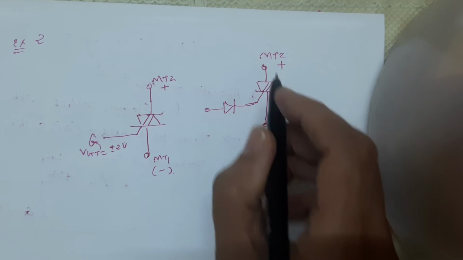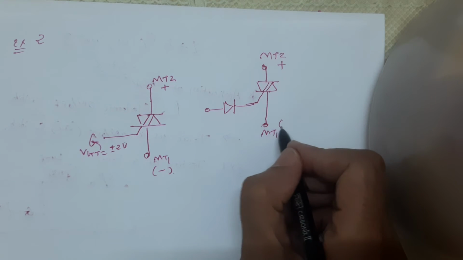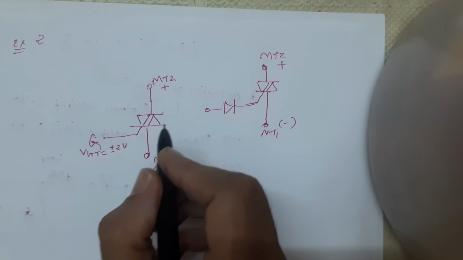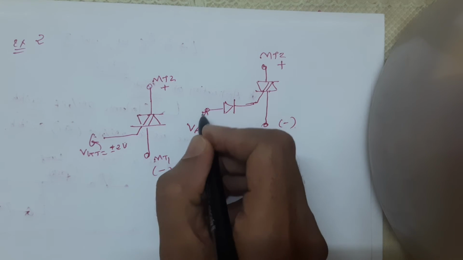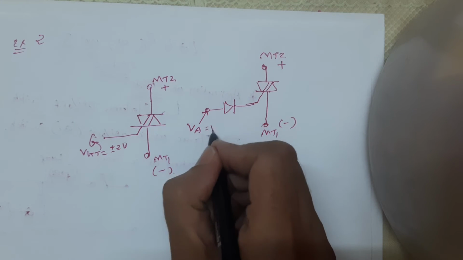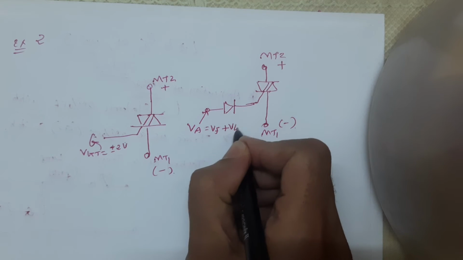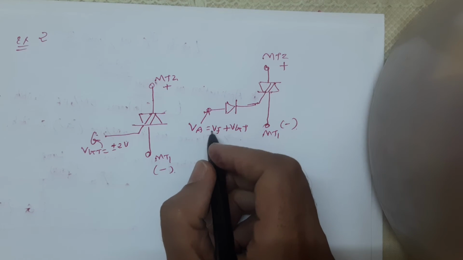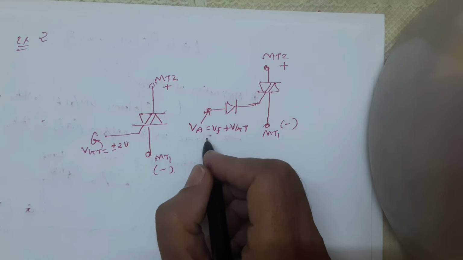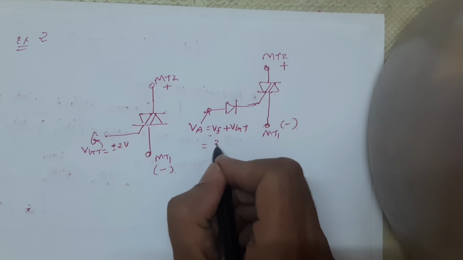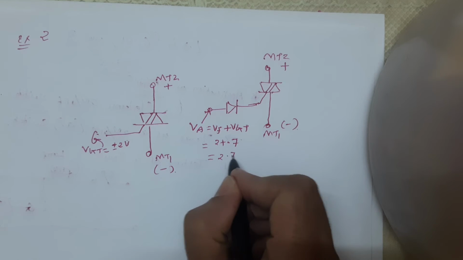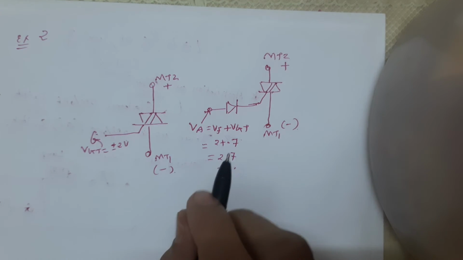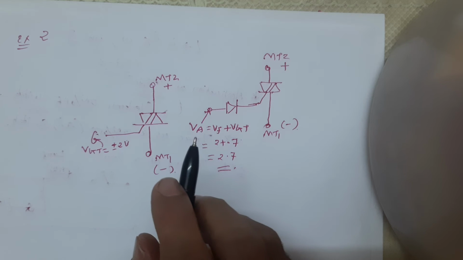MT2 is positive, MT1 is negative. Here this is your VA, VA is equal to VF plus VGT. If we are applying 2 volt, then 2 plus 0.7 is equal to 2.7. This is the solution. Now we are discussing the example.